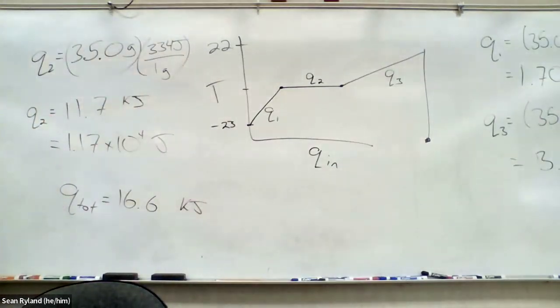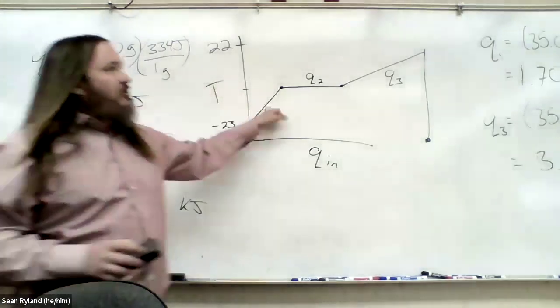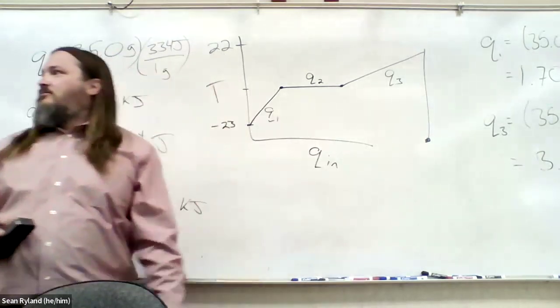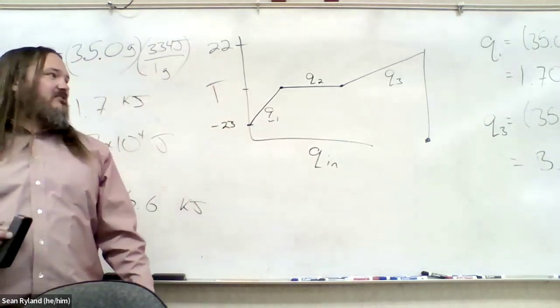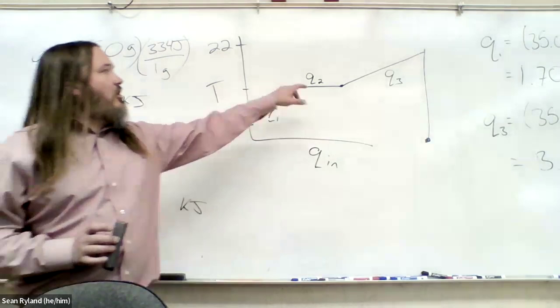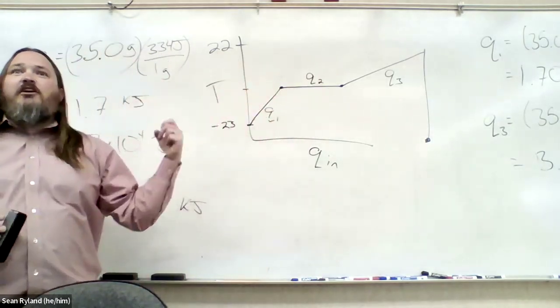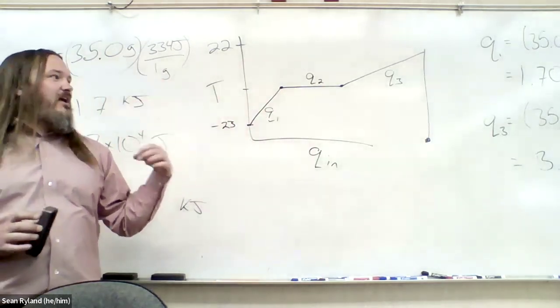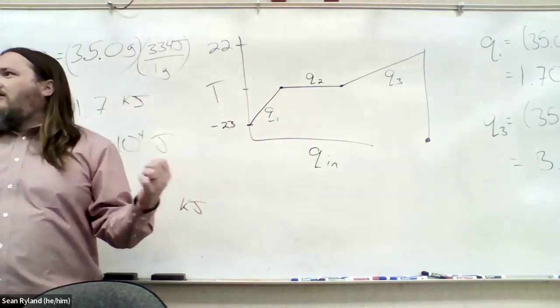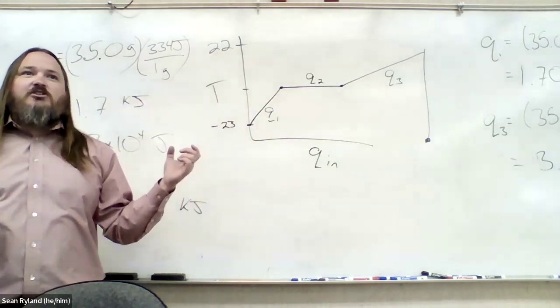So key takeaways from this practice problem. One, if you have a temperature change, you're using our Q equation: Q equals mass times Cp times delta T. If there's no temperature change, but you still have energy change happening, or if you have a chemical reaction, the most basic of which is a phase change.